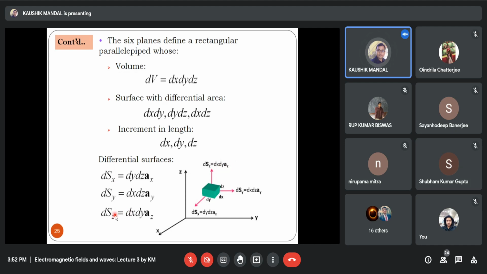Similarly, you can write down these three differential surfaces along with their unit vectors. The suffix depends on the direction of the unit vector. As the unit vector is along the x-axis, it will be dSx. As this unit vector is along the y-axis, it will be dSy. For this one, it is the z-axis, so it will be z.